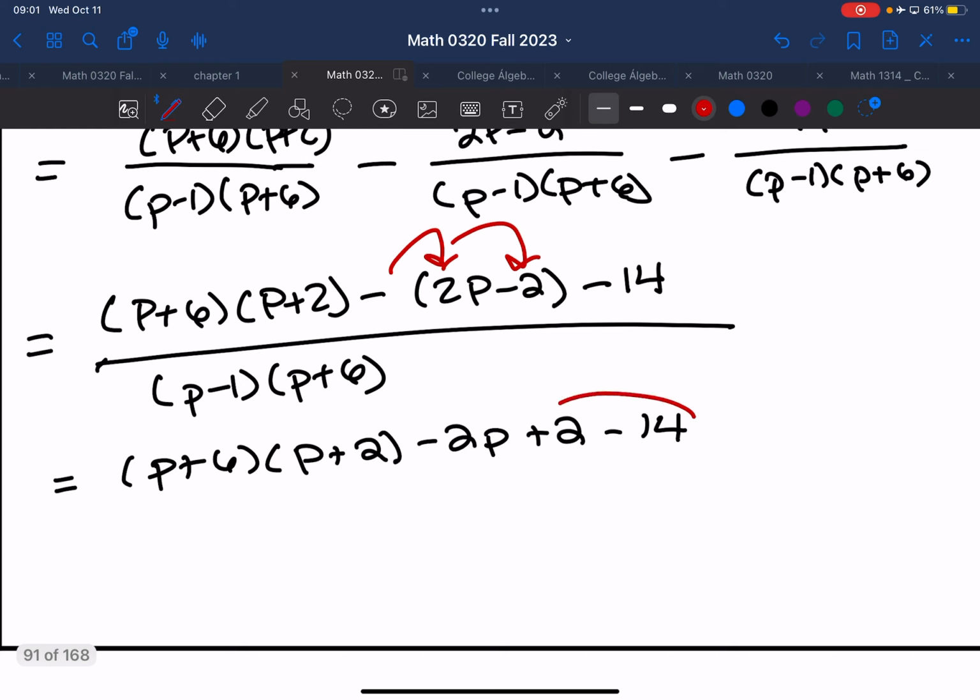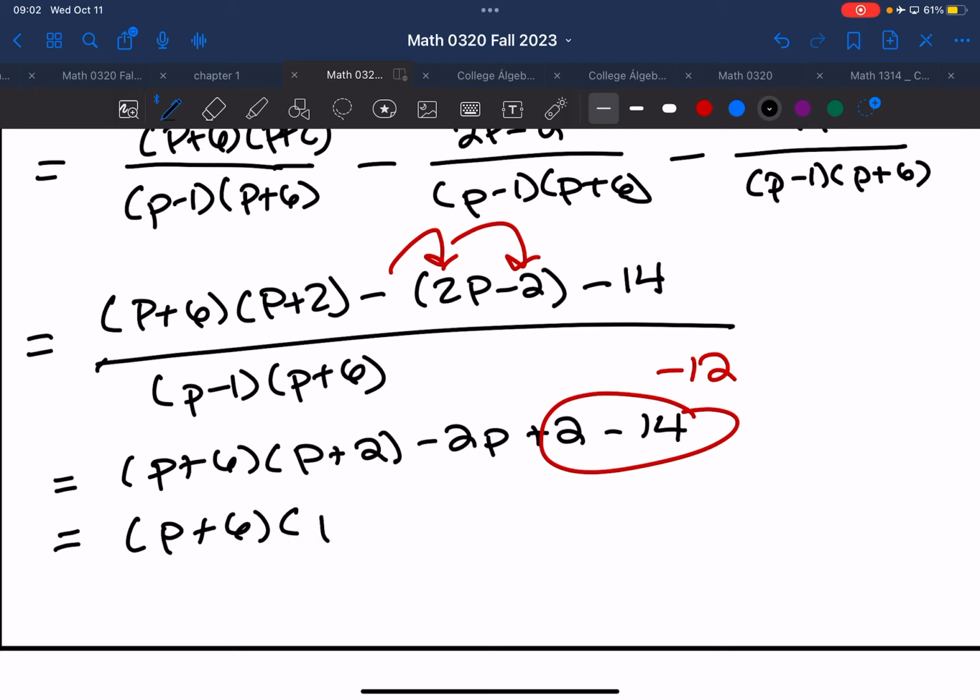I can combine these to be negative 12. Okay. So I have p plus 6, p plus 2, minus 2p minus 12. Okay, I'm still just focusing on that numerator right now, simplifying that.